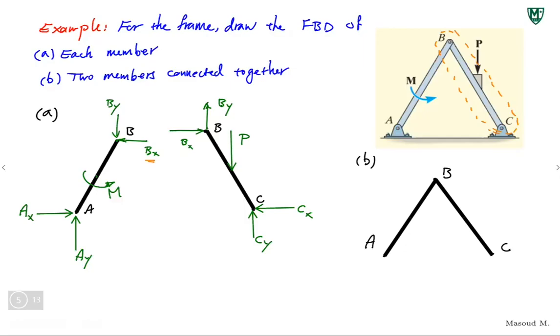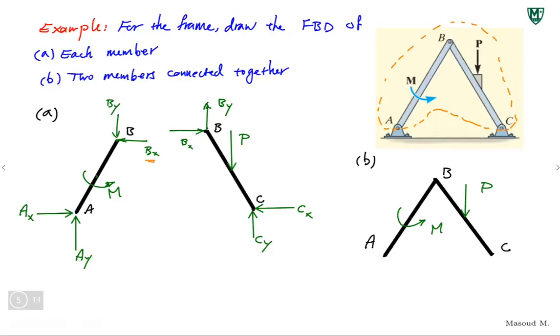I'm drawing the free body diagram now, not for each member. Instead of isolating each member, I'm drawing the free body diagram for the whole structure, right? Isolating this whole frame. Right, so I have external forces. I have one P applied here. I have the moment there.